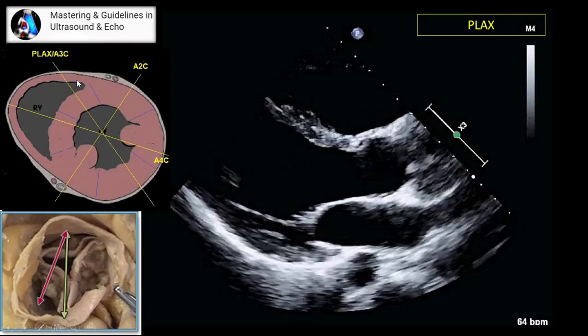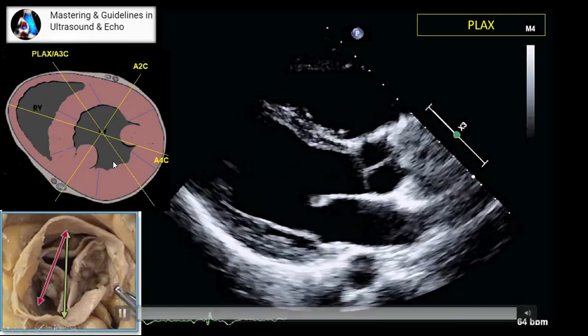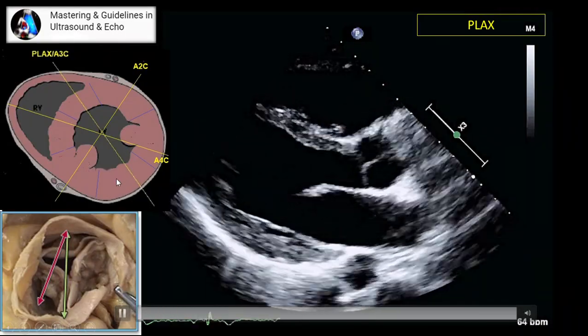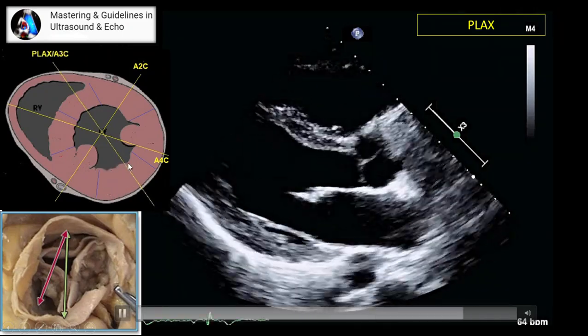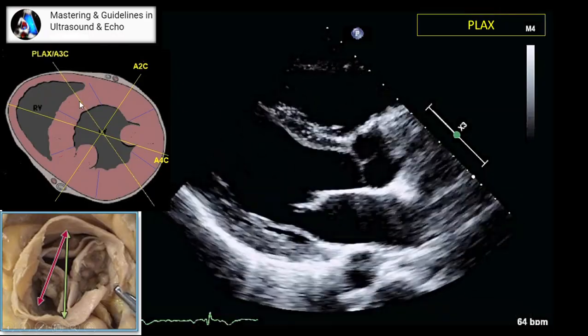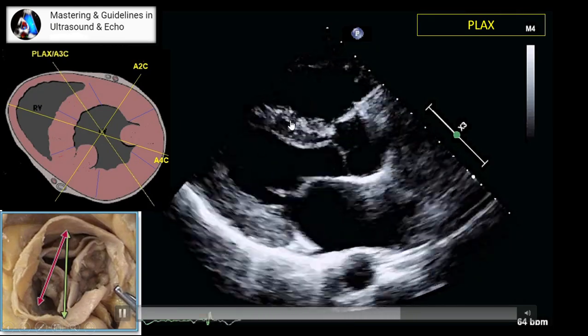That is the reason that in PLAX, as you notice here, our plane passes through the anteroseptal and posterior wall. Sometimes we call it the inferolateral wall or posterior wall, this part. And the septum here we call IVS, or more accurately, the anteroseptal wall.